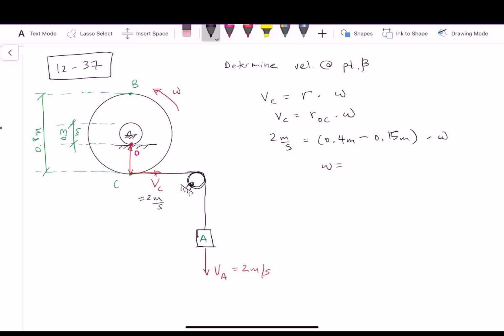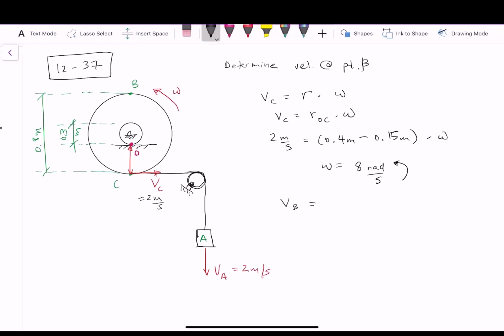So we calculate that omega is 8 rads per second. And of course, to create that linear motion, it would need to be rotating counterclockwise, as I've shown in the diagram here. That's great. Since we now know that these wheels are rotating at 8 rads per second, it's pretty easy to solve for VB.